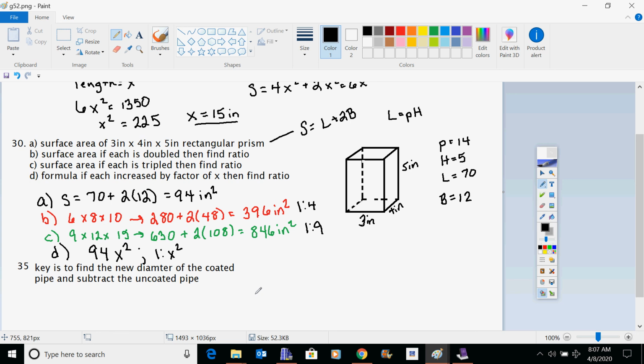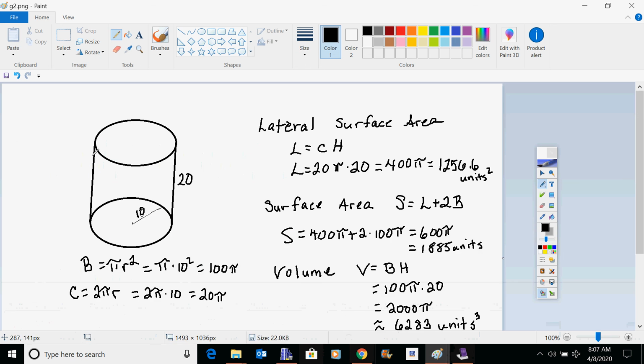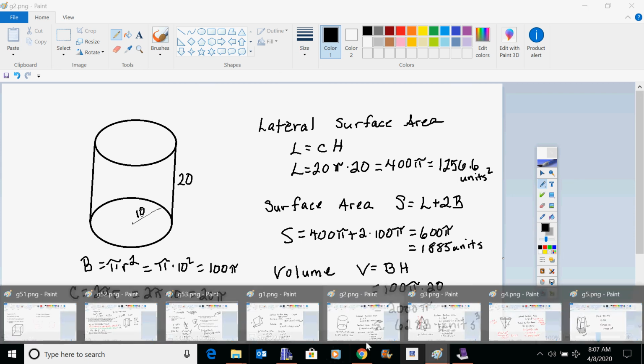So that's just a quick thing. It is a lateral surface area of a cylinder problem, which we have already gone over in the review. In the review, you were finding the lateral surface area of a cylinder, but it was just a really long, skinny cylinder in that problem.